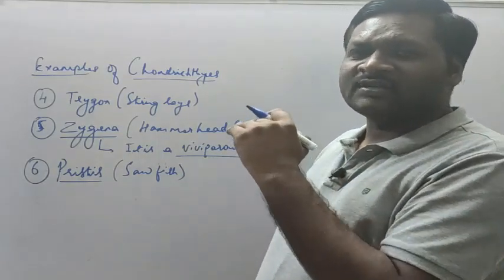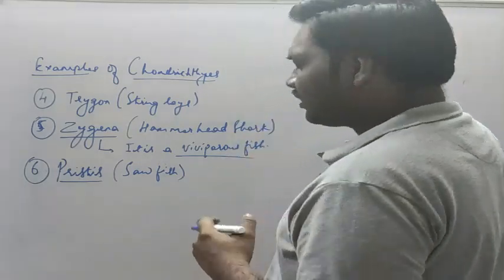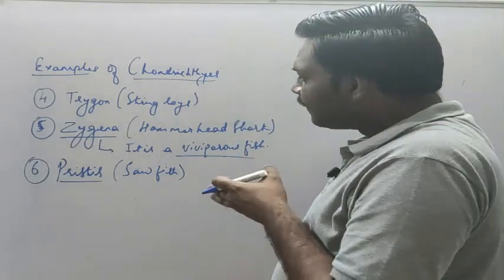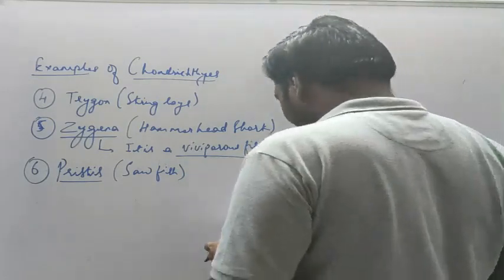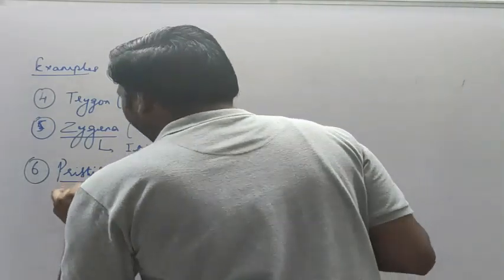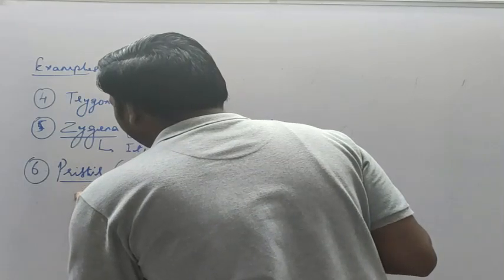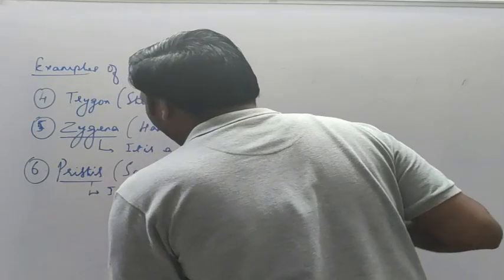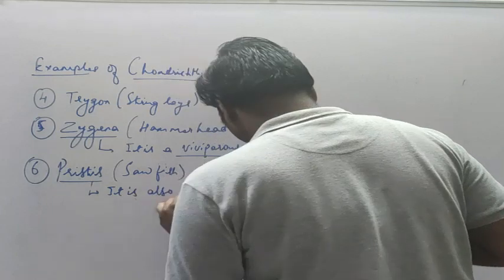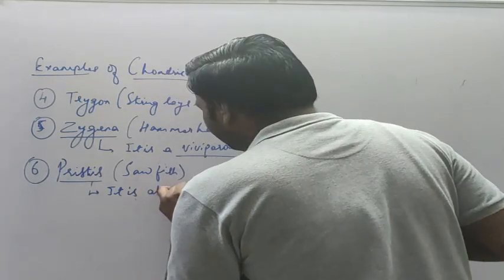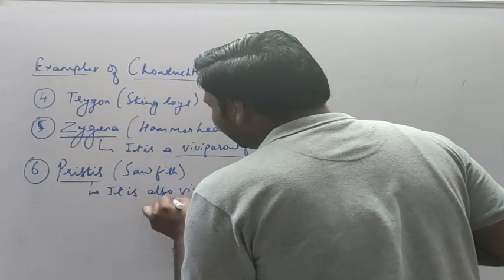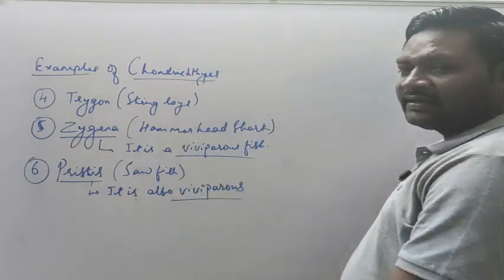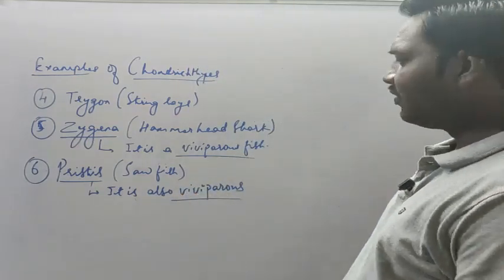So it has a structure similar to a saw, the cutting blade we are using. So similar structures can be seen in that fish. So the name given is sawfish, and it is also viviparous. That means they give birth to the young ones.